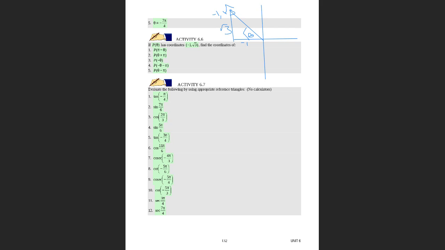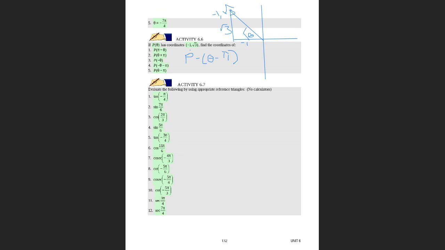So if you are having P of pi minus theta, it will be the same as you having, let me write it correctly, P of theta minus pi.